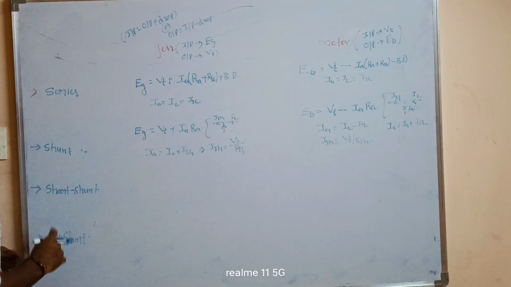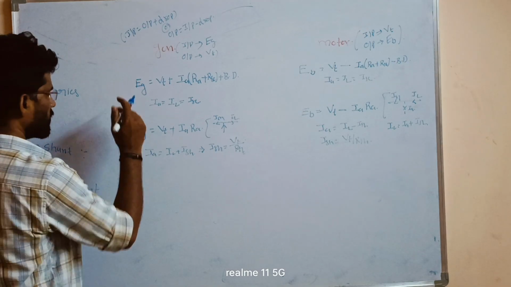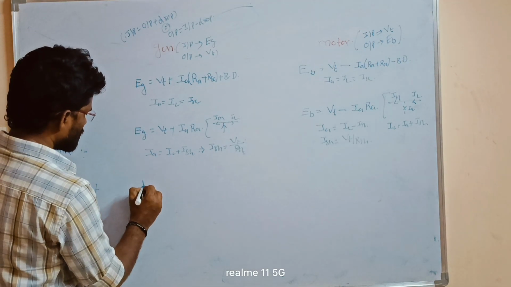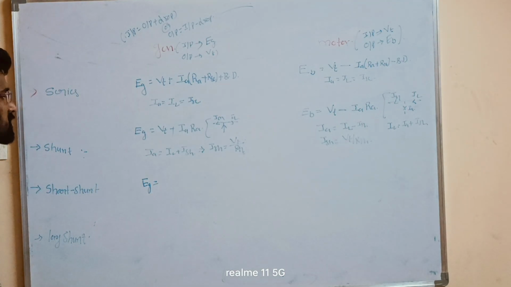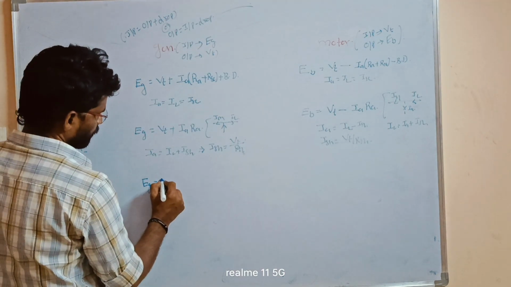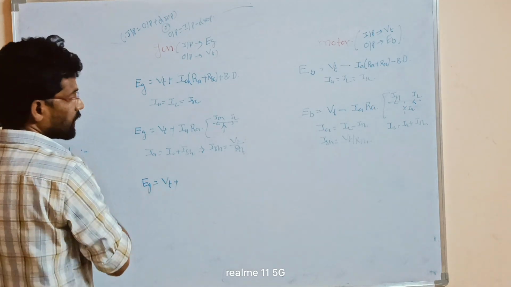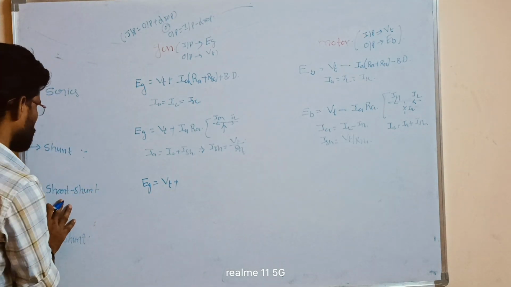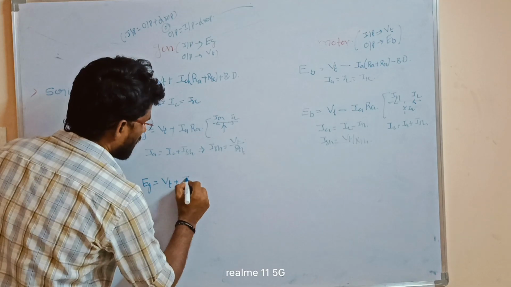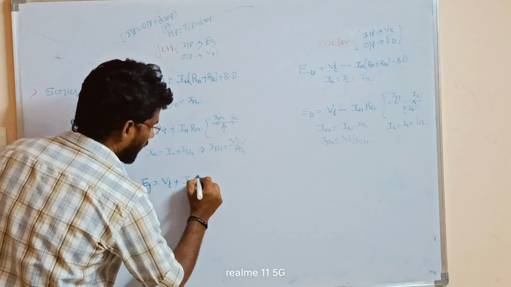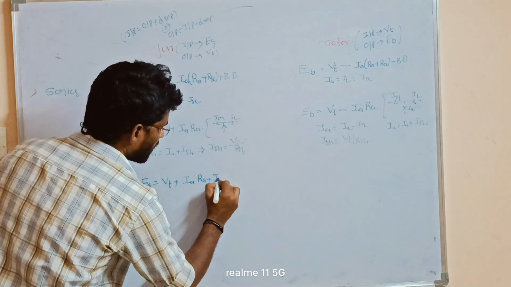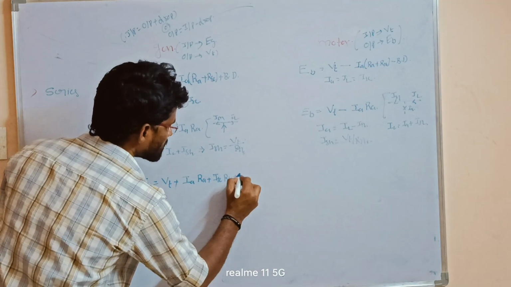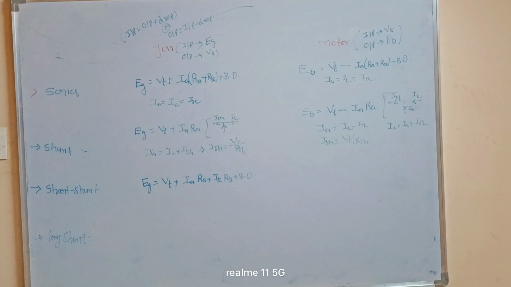This is for the shunt generator. Again we go to the compound generator. The first one is the short shunt generator. EG is equal to VT plus IA RA plus ISC RSC plus brush drop.